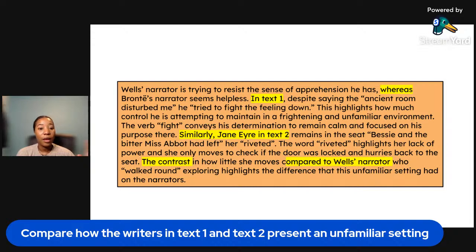So again, that's a difference. It's showing a difference, and then you explore those differences in your paragraph. What else do we have? So, like I said, that similarly should not say that. It should say in contrast or however, something that shows a difference.